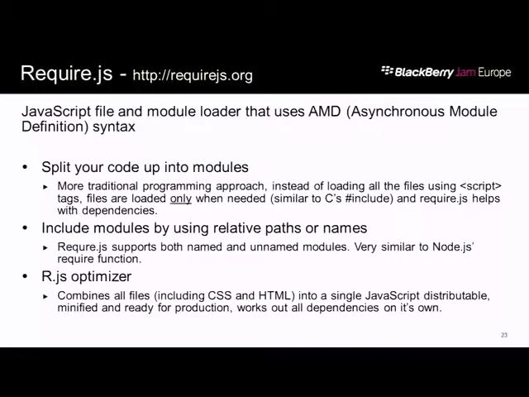And one thing I've run into when using this is you end up with a lot of small files, but that's not an issue. You can actually use the r.js optimizer to combine all your files into one big file, and then you're reducing the amount of HTTP requests that you're making in your application. So that actually gives you better performance.